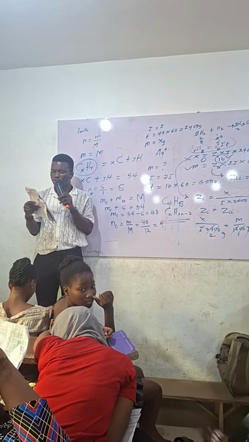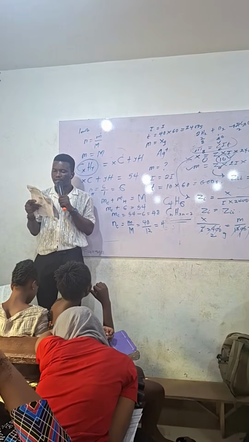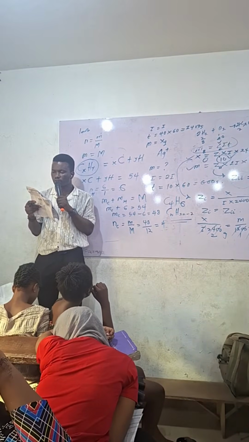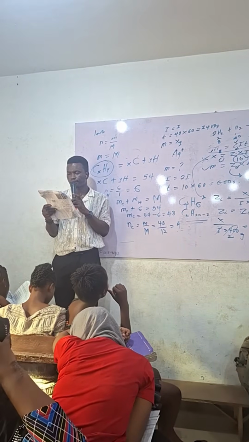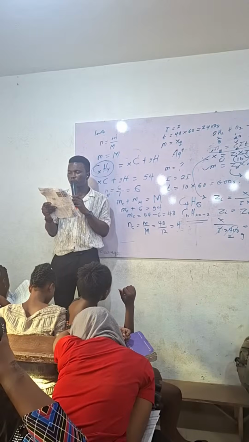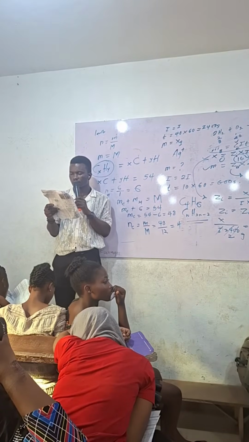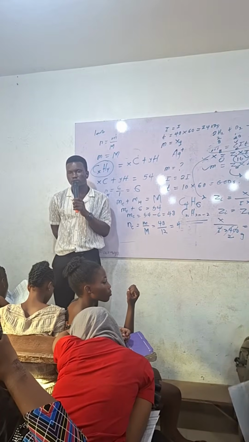In an electrolysis setup, to protect iron from corrosion, the iron is made what? It has to be the cathode.